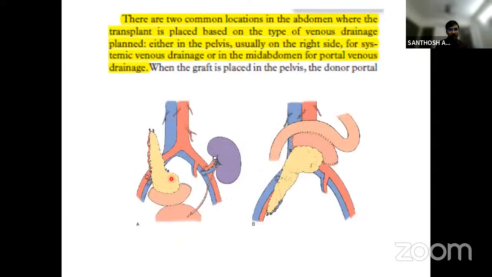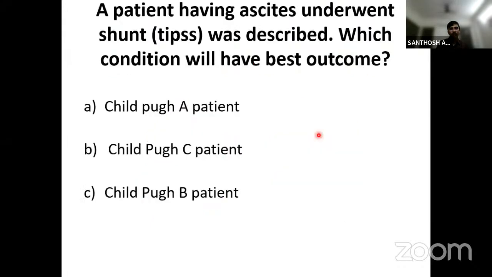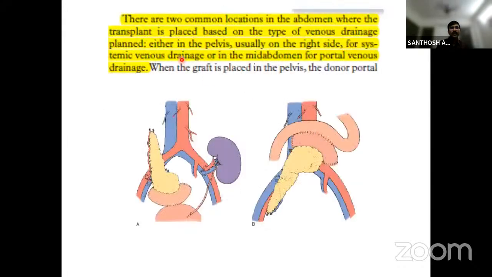SMA is usually anastomosed with the external iliac artery, and SMV is anastomosed with the external iliac vein, or it can be anastomosed into the IVC also. The drainage can be done either into the bladder or into the small intestine. Now, it can be anastomosed with the portal vein also.